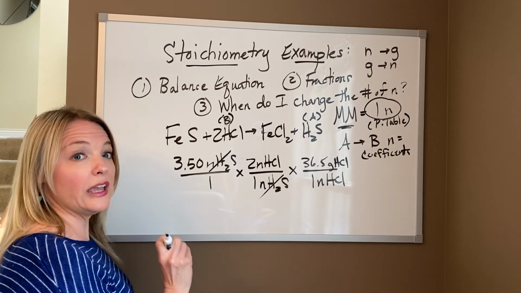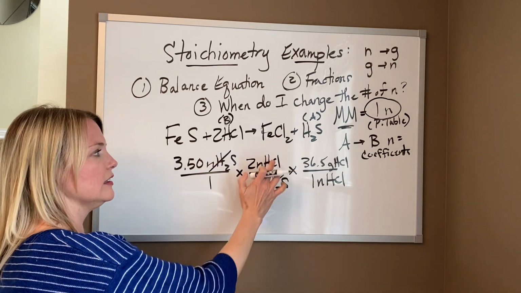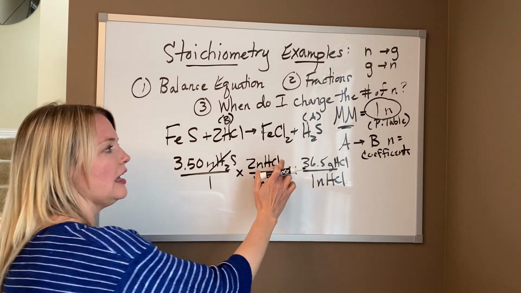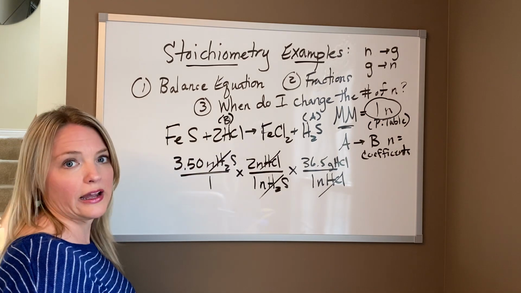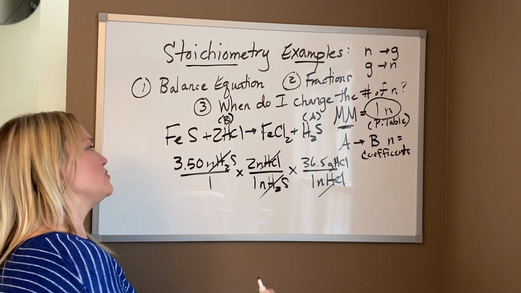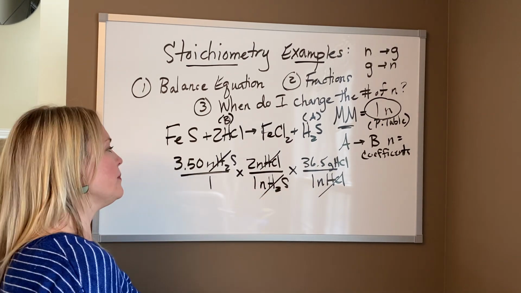I retrace my steps in my stoichiometry: moles of H2S canceling, leaving me moles of HCl, and then moles of HCl canceling, taking me back to grams. Now I'm going to do the math. I multiply the numbers on top, and I would divide by any numbers on the bottom, but I don't have any.